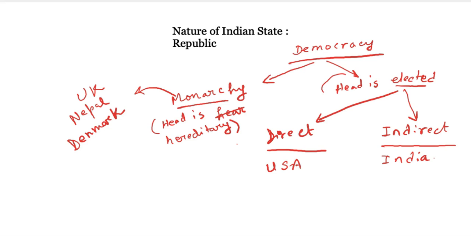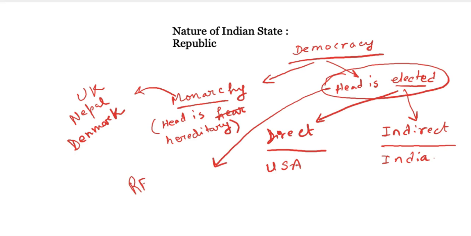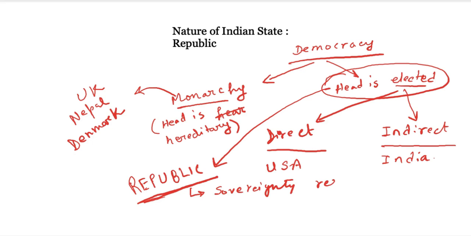Here, where the head is elected, either directly or indirectly, is called a republic. Republic also means that the characteristic is that the head is elected, maybe directly or indirectly. Also that the sovereignty rests with the pupil.